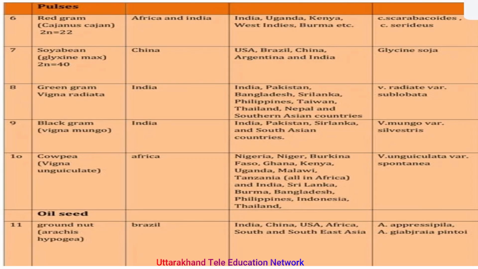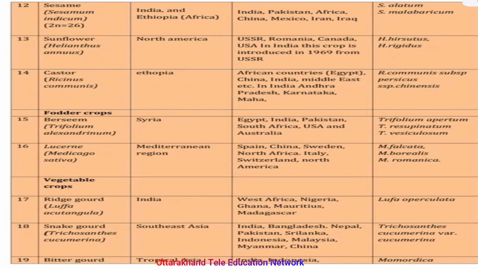Next one is oilseed, groundnut. Center of origin is Brazil, and widely distributed in India, China, USA, Africa, South and Southeast Asia, etc. And next one is sesame. Center of origin is India and Ethiopia, Africa, and widely distributed in India, Pakistan, Africa, China, Mexico, Iran, and Iraq.